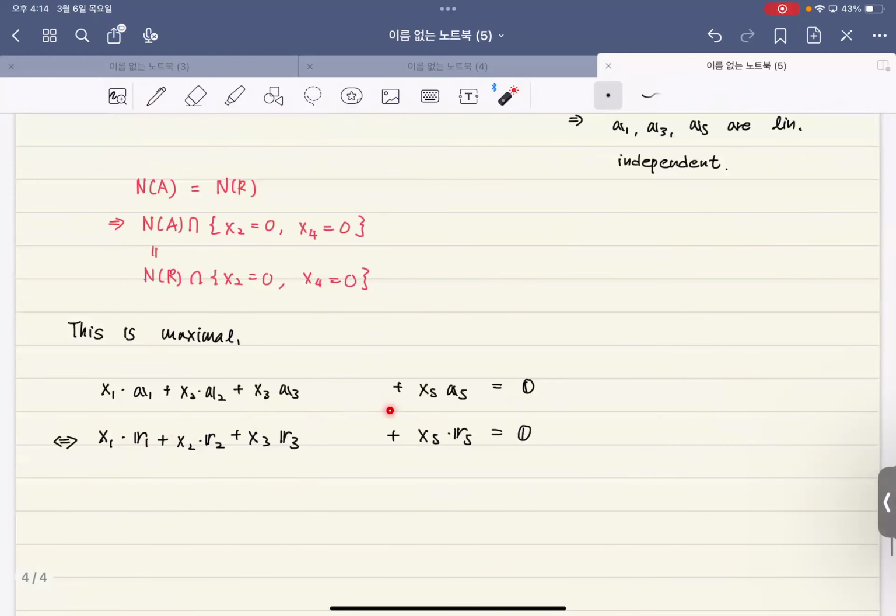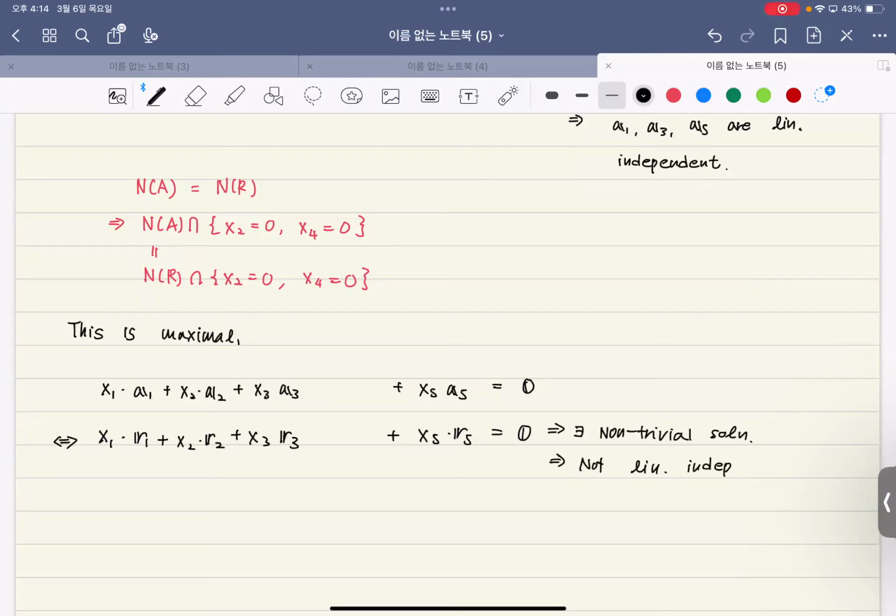So there is some non-trivial solution. So they are not linearly independent. Okay, great.